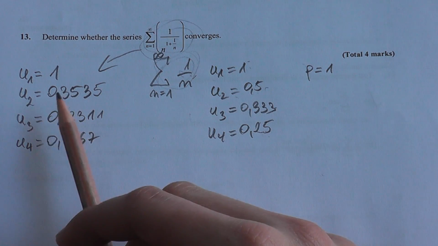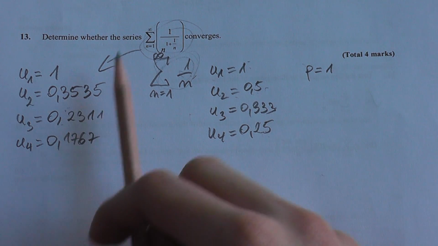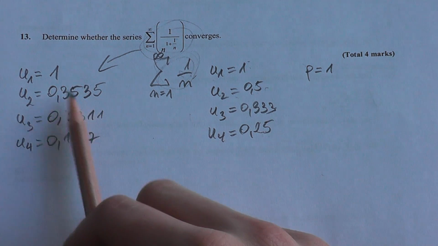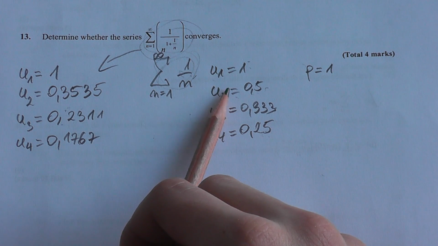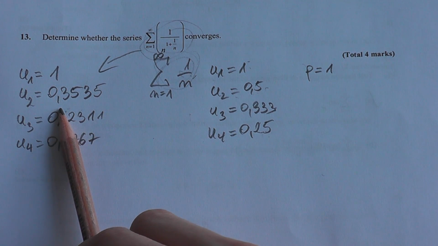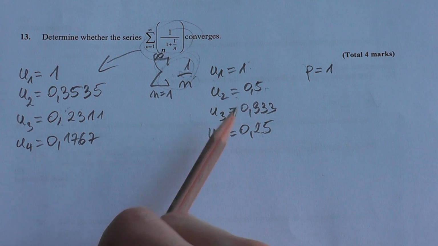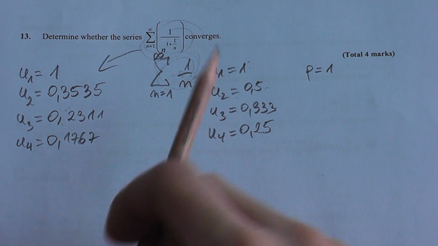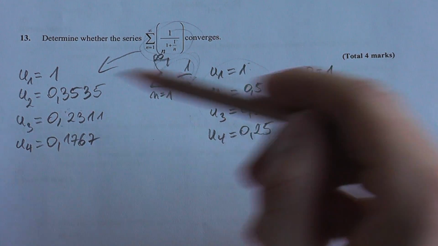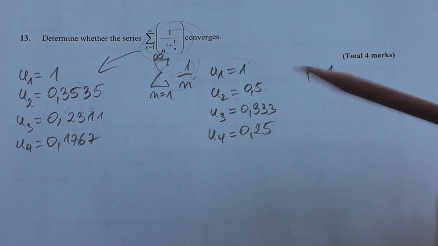Unfortunately, this one is always smaller, so we do not know if this one is divergent or convergent. If the terms of this one were always bigger than the terms of this one, then we would be sure that this one is divergent. Also, you can put it in these words: if all of these terms were bigger than all of these terms, then you would be sure that this one diverges, because this one diverges.